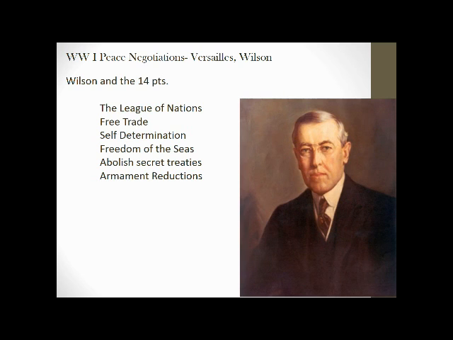The League of Nations, a body of collective security, kind of like the UN, that would oversee peace in the world. Free trade, League of Nations would oversee these things. Self-determination, meaning that people should be able to democratically choose their leaderships. Freedom of the seas, free trade, freedom of the seas, abolishing secret treaties, armament reductions, and these types of things.